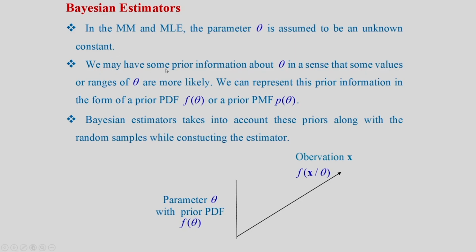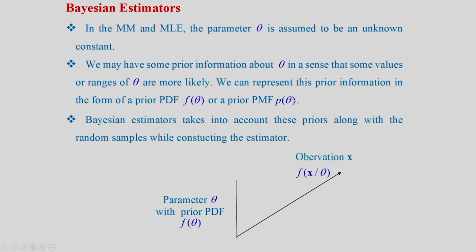We may have some prior information about theta in the sense that some values or ranges of theta are more likely. We can represent this prior information in the form of a prior PDF, prior density function f theta, or a prior mass function p theta.